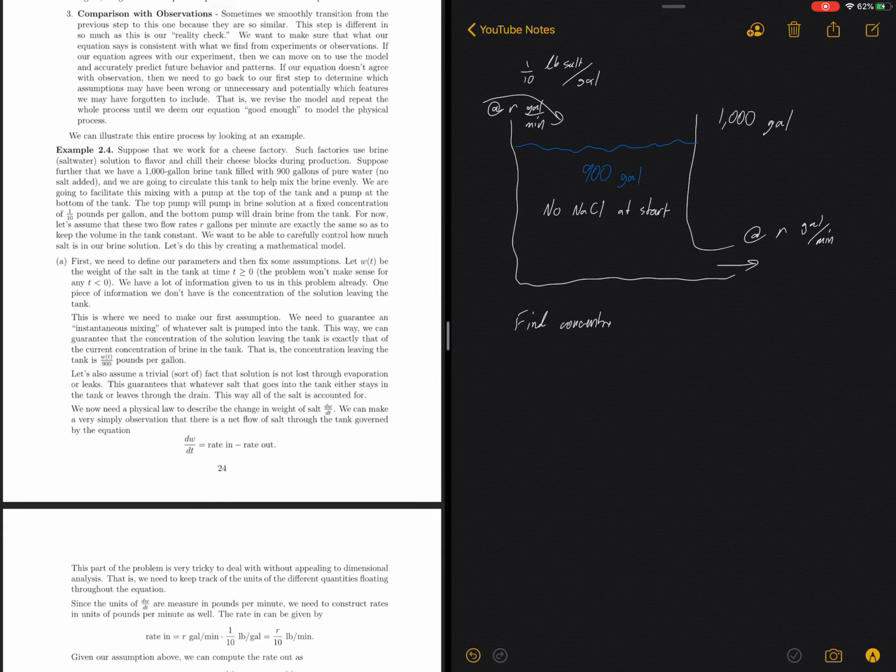Now, there are two ways that we could do this for this particular example. One, we could find a concentration of salt at a given time. Or we could talk about the weight of salt at any given time.